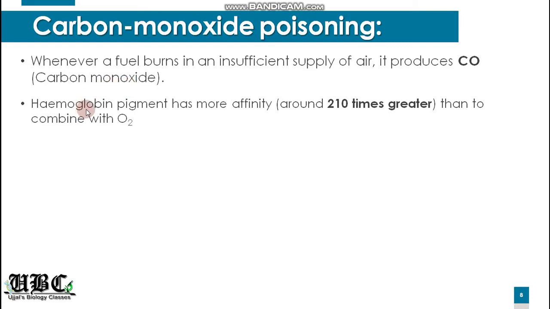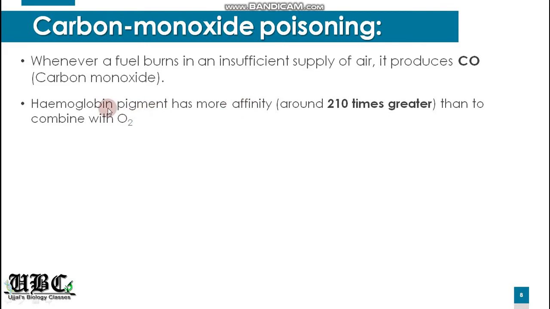Now, there is a very interesting fact about hemoglobin: the hemoglobin pigment has a much stronger affinity for combining with carbon monoxide than with oxygen.